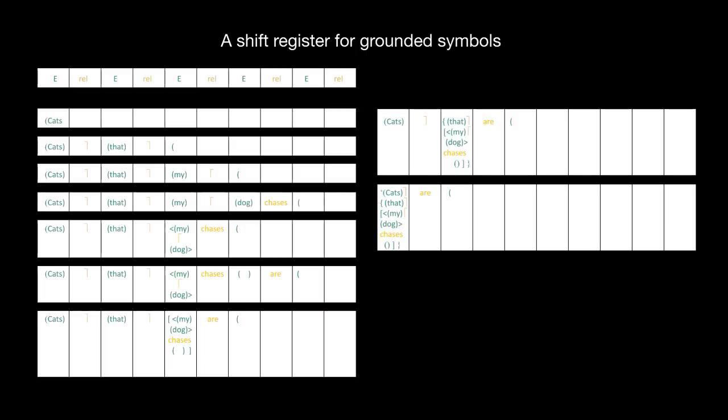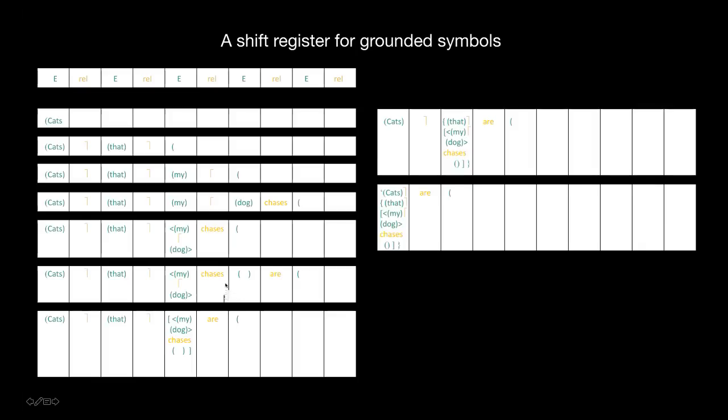Well, it does the shift register thing. It's going to put the composed of and dog all in the same box, because that grouping is now an entity. And it shifts these guys over too. And then keeps going. It gets to R. And then R is going to build.